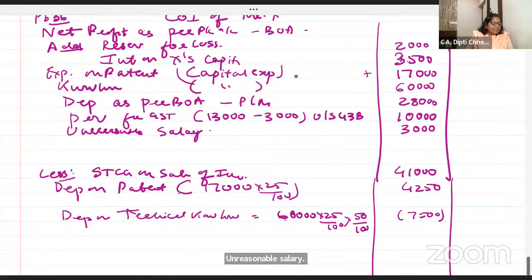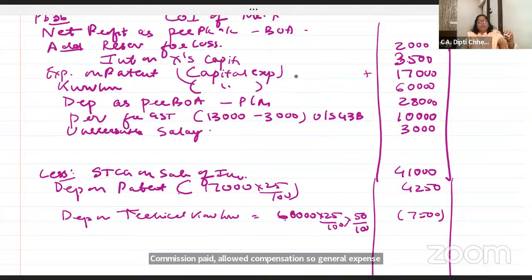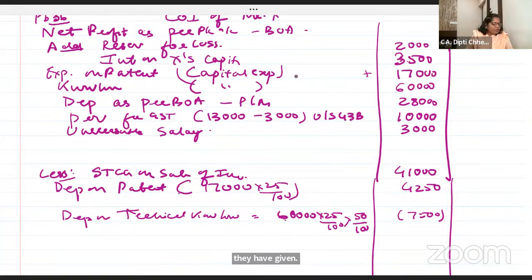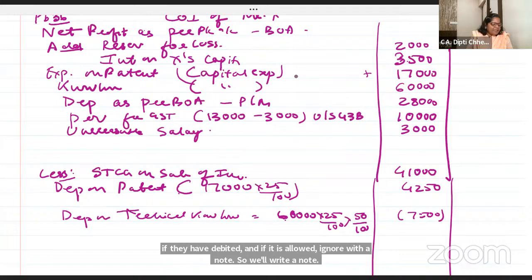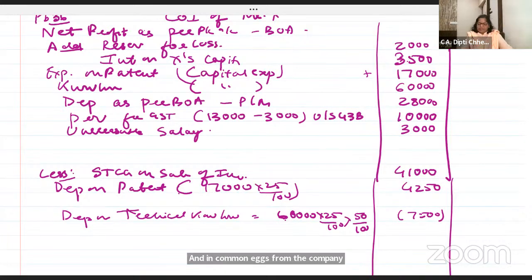General expense includes expenditure on training, allowed. Commission paid, allowed. Compensation. All that is allowed. So if they have debited it and it is allowed, ignore it with a note. So we'll write a note. And income of X from company deposits is not your business income.